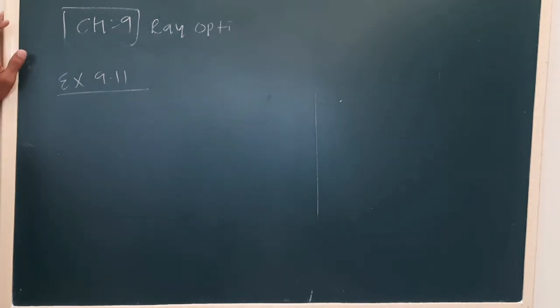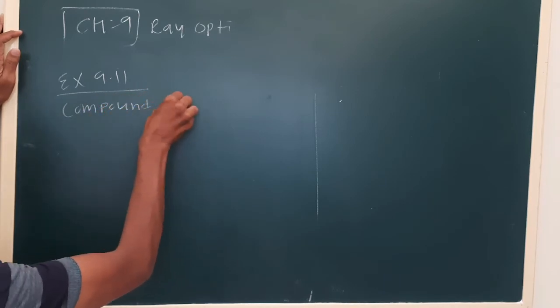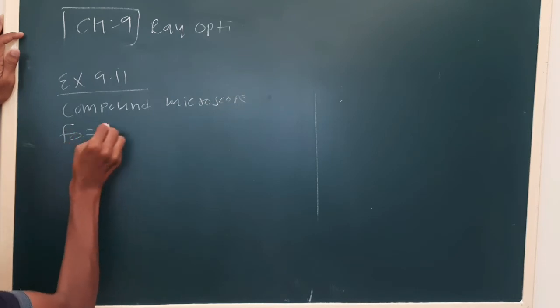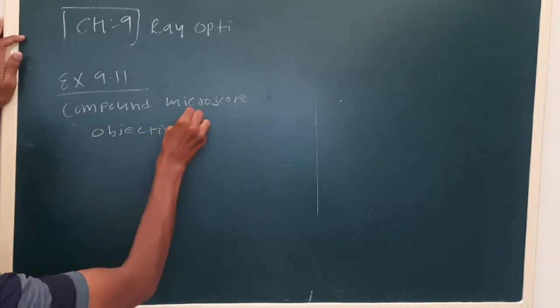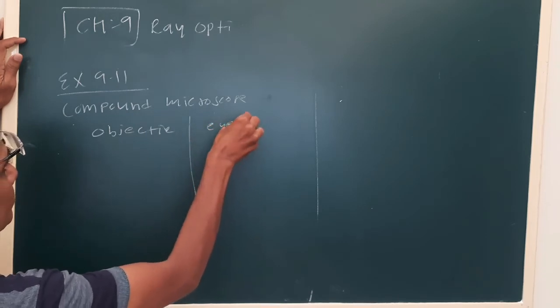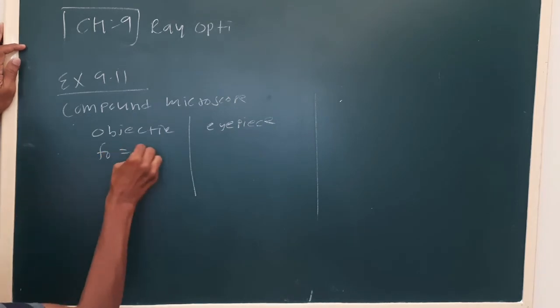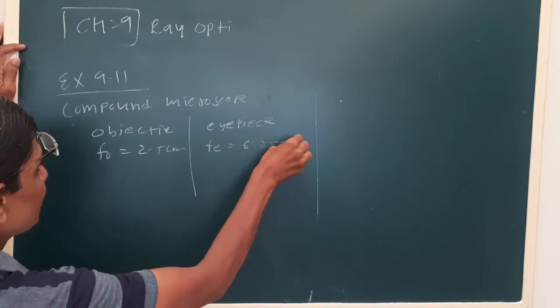See, a compound microscope, focal length FO is given as 2.5 centimeter. Eyepiece is 6.25 centimeter.